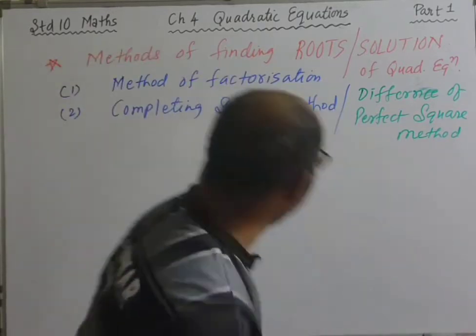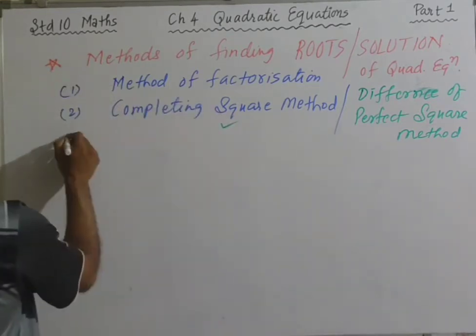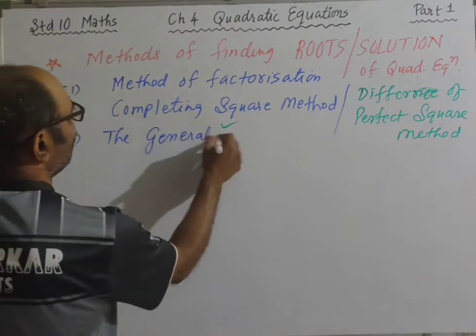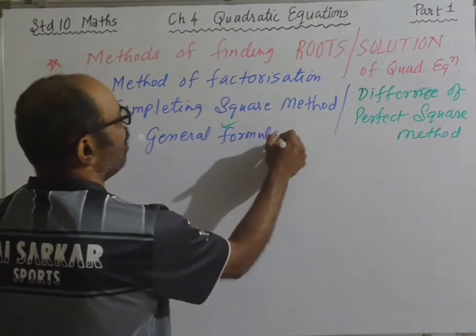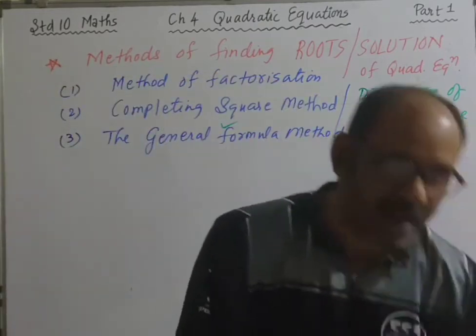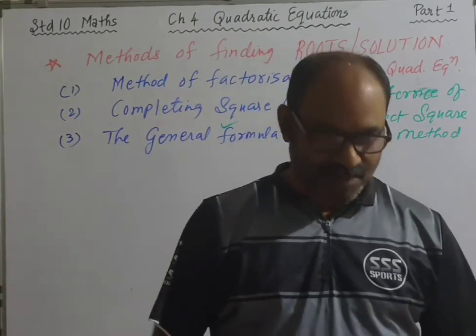All right? And the third method is the general formula method, or we simply say the formula method. Either call it just the formula method or the general formula method.